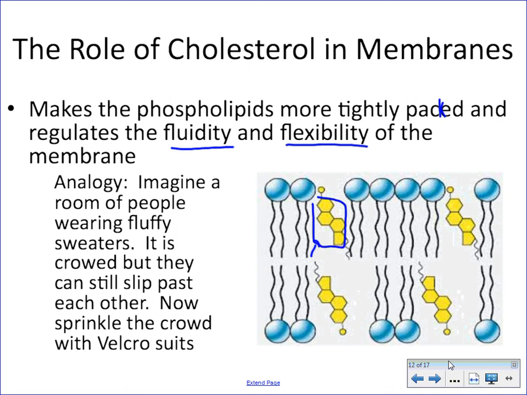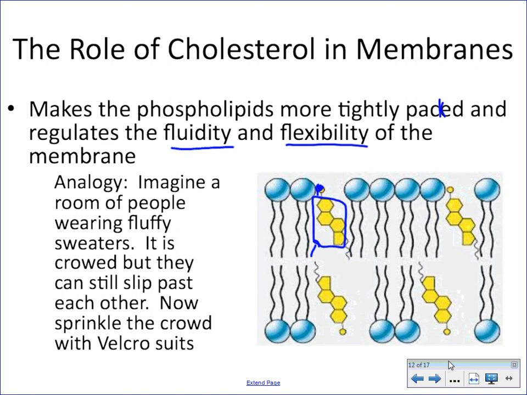Outlined is the hydrophobic portion, and then the little circular part is the hydrophilic portion of the molecule. So it will embed itself between those phospholipids, and it will help tightly pack those phospholipids together. It really kind of prevents them from moving around too much.